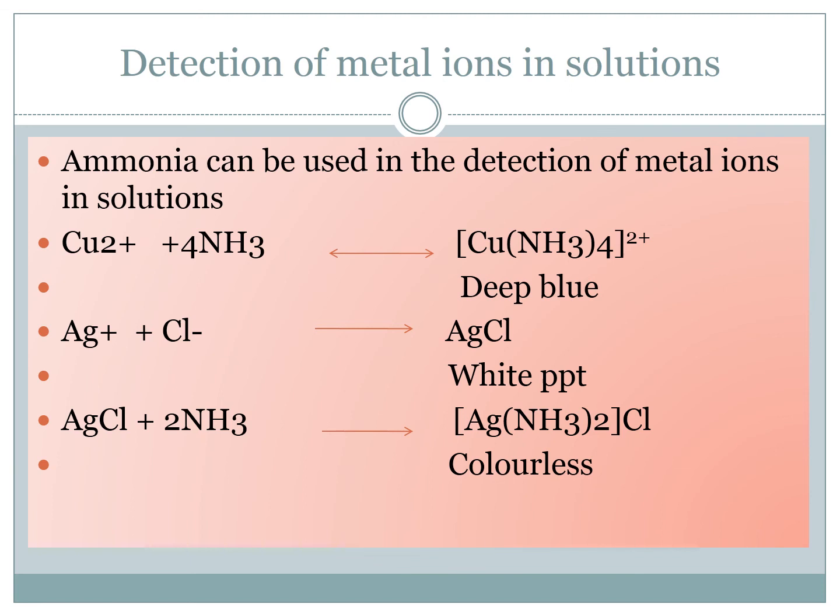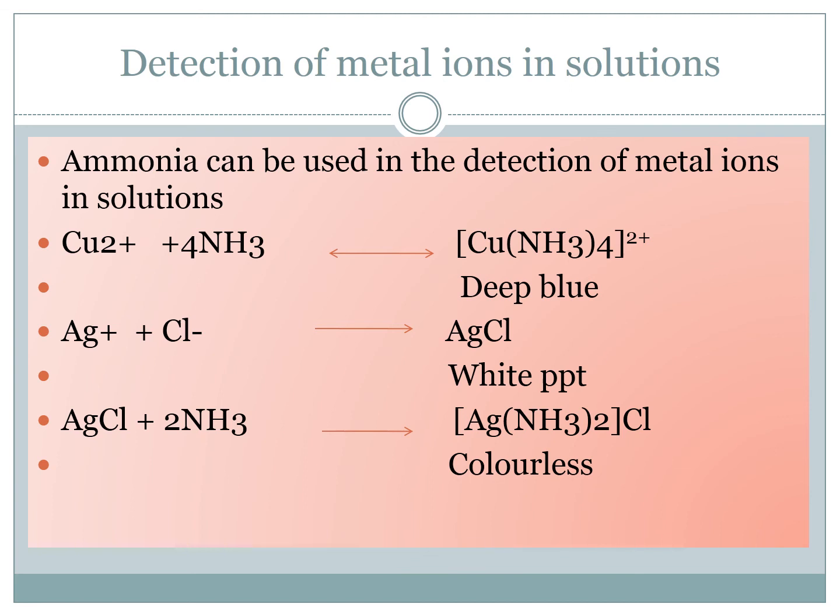One case is that of copper, or chloride. When copper ions are treated with ammonia solution, that is aqueous ammonia, you get a deep blue solution due to the formation of the complex.